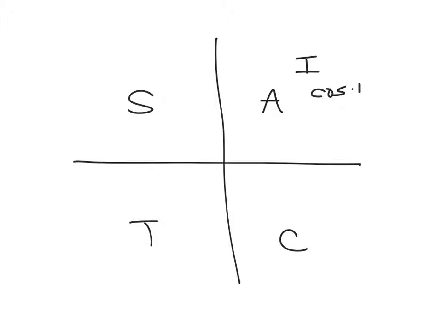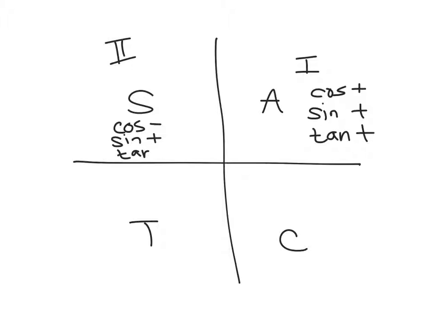So cosine is positive, sine is positive, and tangent is positive. In the second quadrant, only the sine is positive. The cosine is negative, the sine is positive, and because tangent is sine over cosine or y over x, the tangent is going to be negative. The T stands for only tangent is positive.